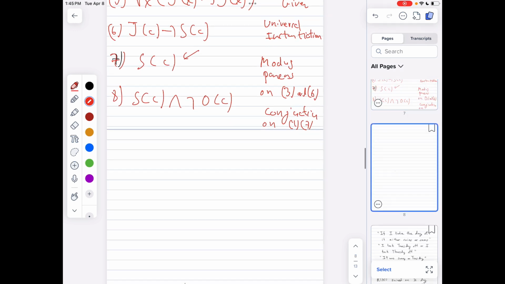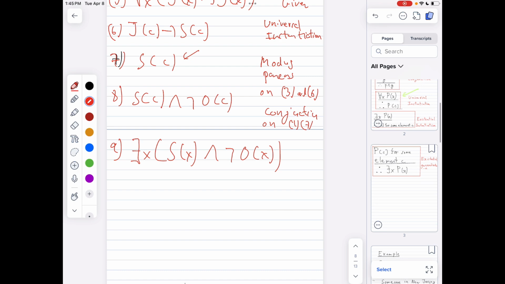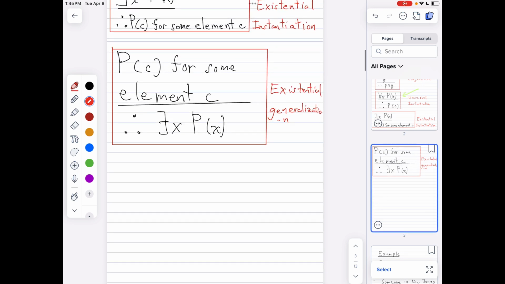And last but not least is as follows, number 9. There must exist something for which S of x and not O of x is true. And that is an example of this last rule of inference, which says P of C for some element C is true, therefore it's equivalent to saying there exists x P of x.